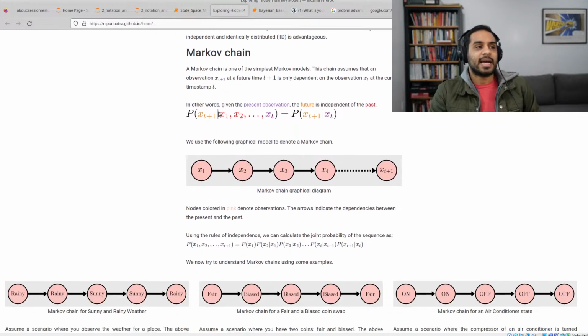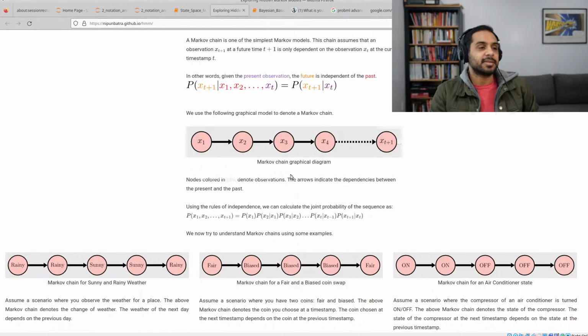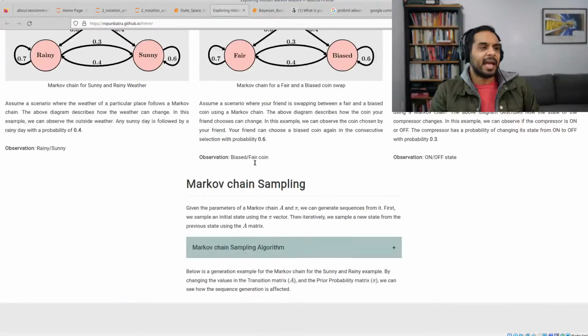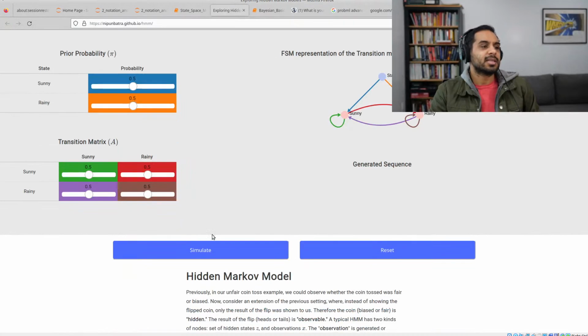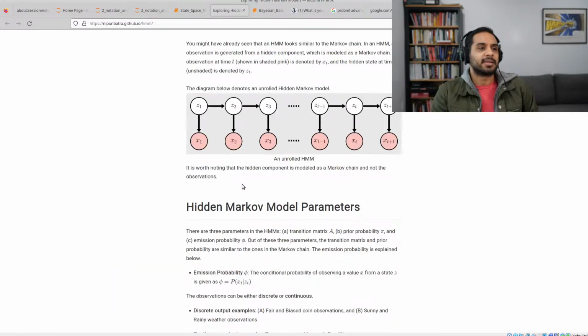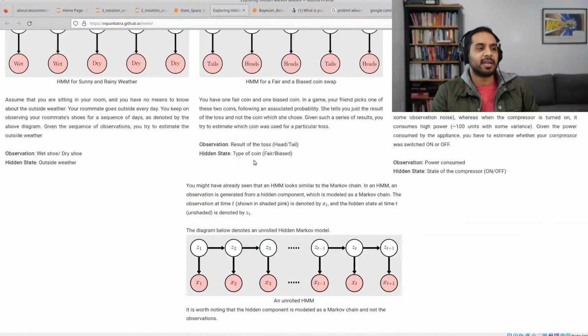They did a fantastic job breaking down the notation and showing us a bunch of pictures, and even having live simulators to really help us understand what is happening in this Markov chain representation, and then eventually state space models, eventually hidden Markov models, which are state space models as well, down here.